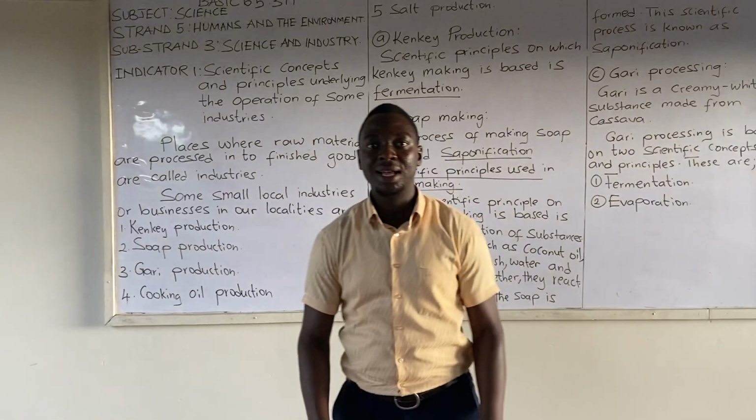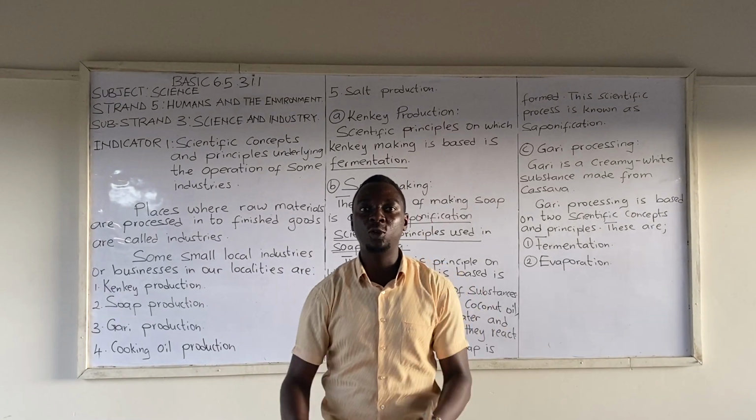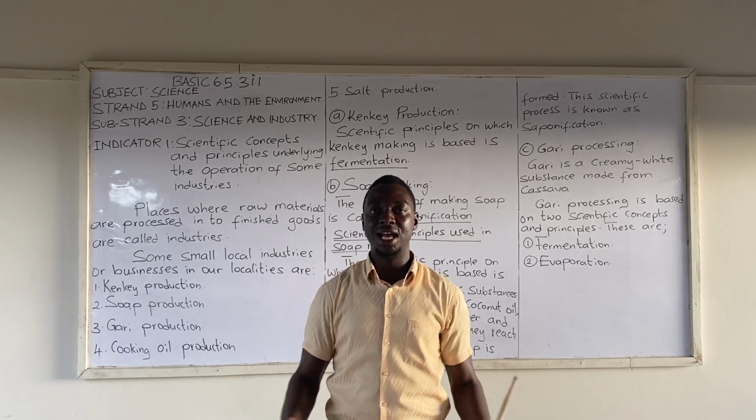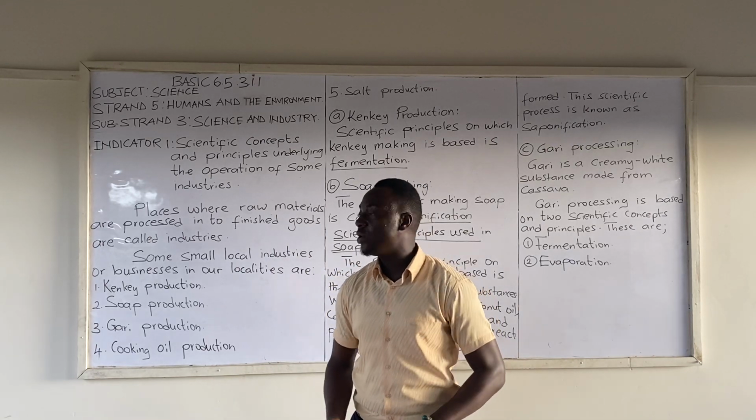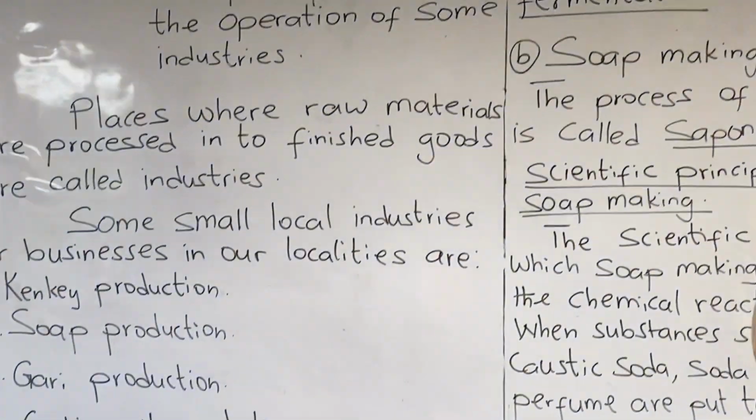So any place that you know that raw materials can be processed into finished goods can be termed as an industry. Let's look at some examples of small-scale industries in our localities.